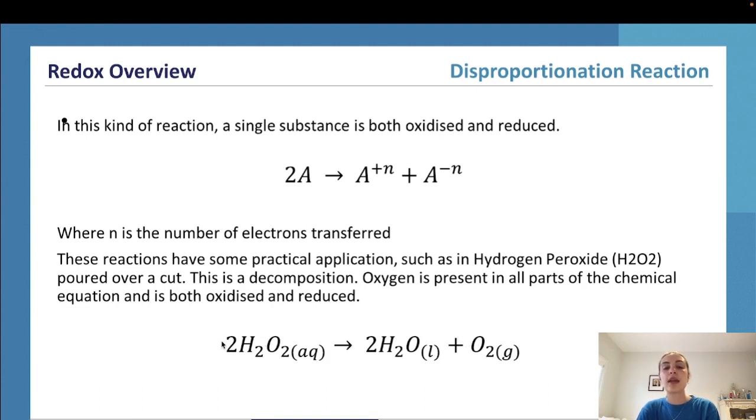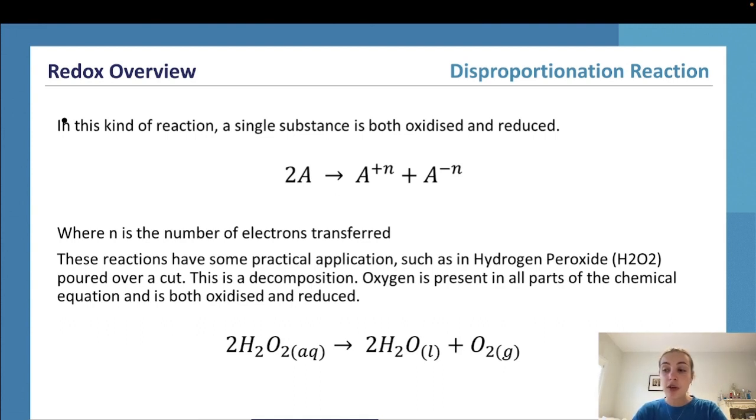And so when we're breaking this down into its oxidation and reduction, we can actually identify here that we have some exceptions to some of our rules. So we know that in our rules, hydrogen is going to have a +1 charge, and oxygen is going to have a -2 charge.